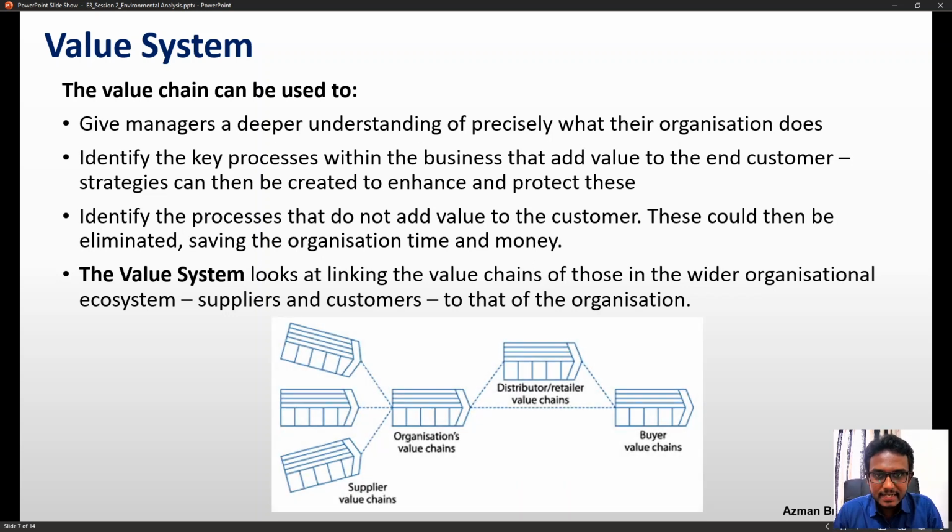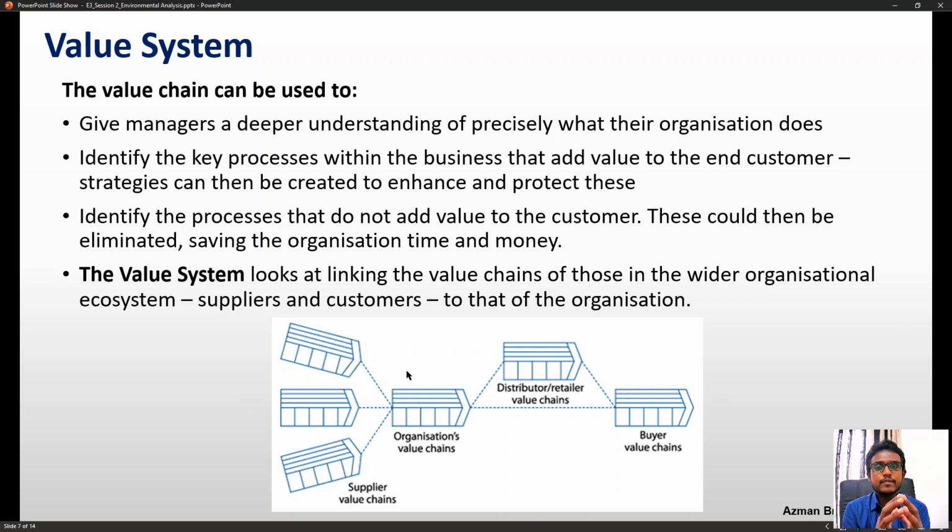So ideally, when you combine the supply, the value chains of your suppliers on the upstream side and the value chain of your distributor on the downstream side, if you're a manufacturing organization or someone who has a distributor as an intermediary or a retailer, you are looking at this sort of a diagram where so many value chains are connected.